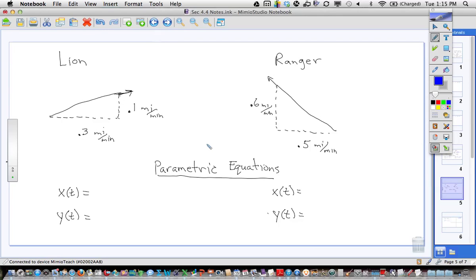It said that he was going 0.5 miles west for every 0.6 miles north. He was doing that each minute. So in a minute, now he was actually walking on the diagonal, but he was going 0.5 miles each minute west and 0.6 miles north each minute. And the Lion was going 0.3 miles to the east and 0.1 mile north at that rate.